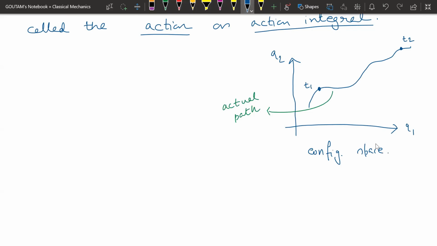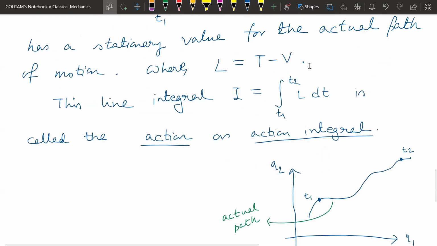Now along this path, we calculate this line integral of L dt, and then we vary this path a little bit, infinitesimally. We are not varying the position of the particle, we are varying the entire path of motion. Then we will see that this line integral has a stationary value. That means it is not really changing. It is at its extremum, a local extremum.